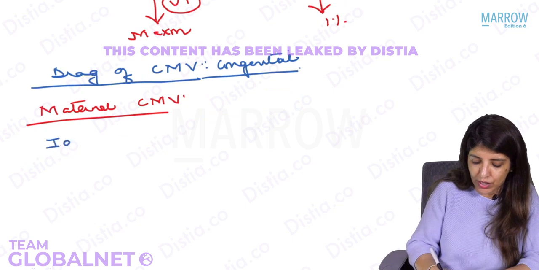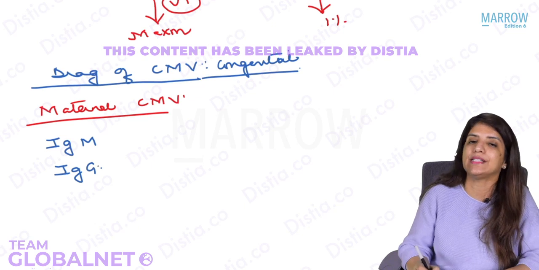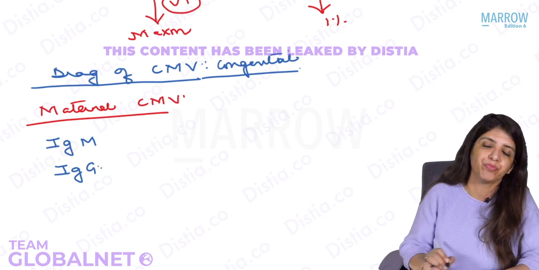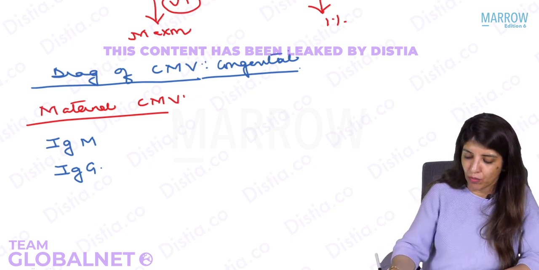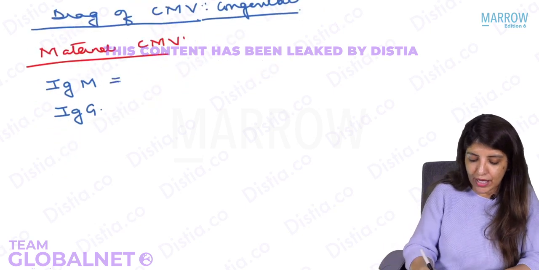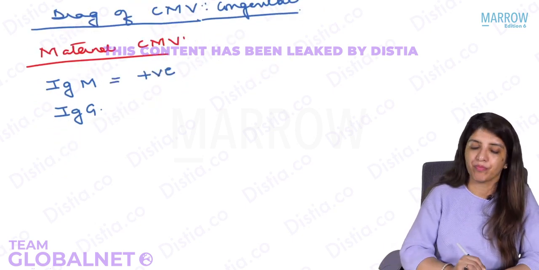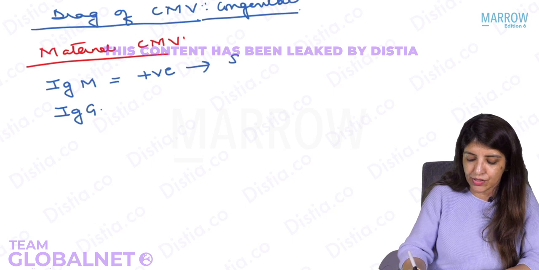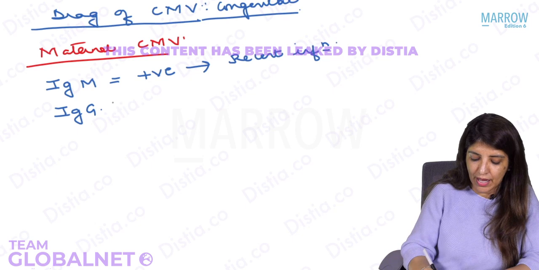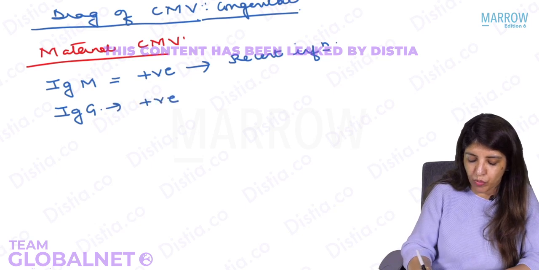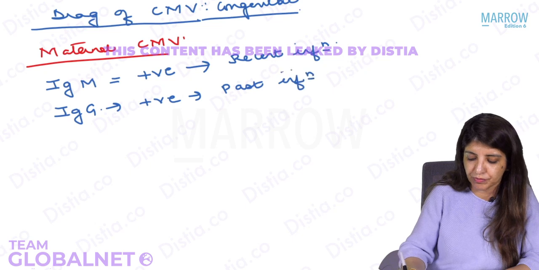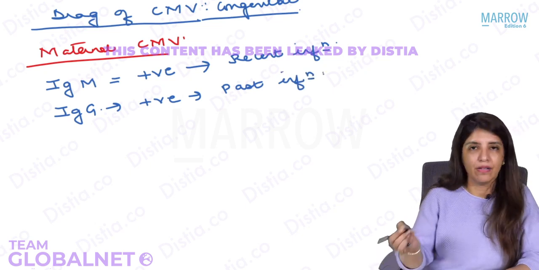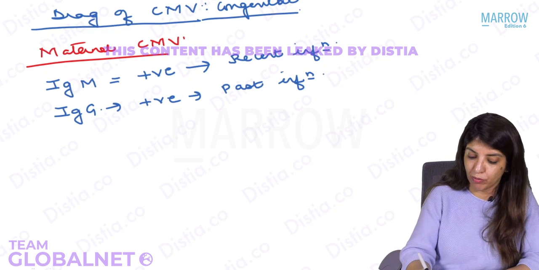I am going to test IgM and IgG antibodies against cytomegalovirus. If IgM is positive, generally it indicates recent infection, and if IgG is positive, it indicates past infection. This is something you know from your microbiology also.